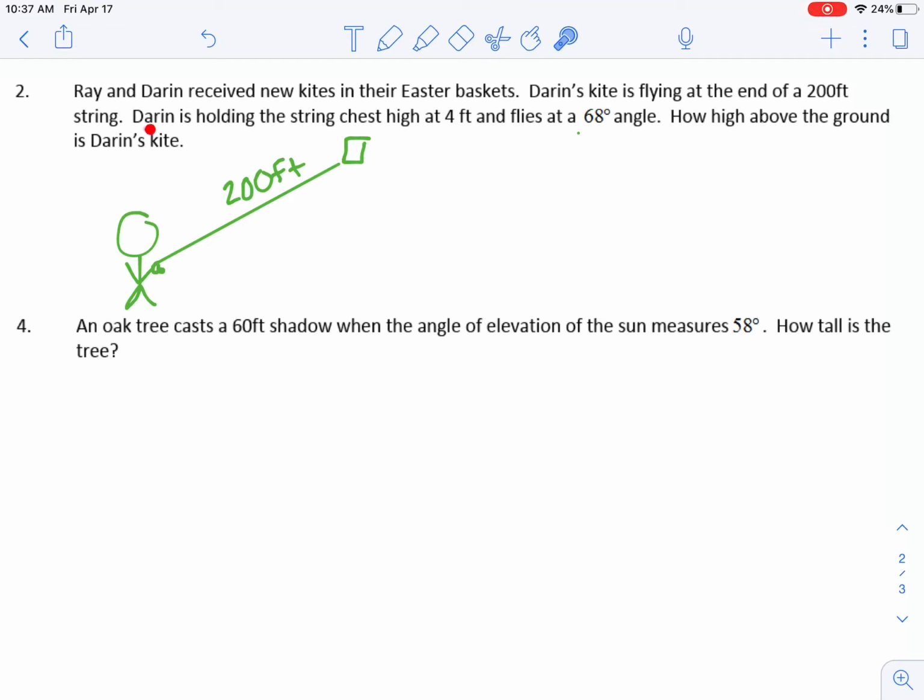Okay? Next it says, Darren is holding the string chest high at 4 feet and flies at a 68-degree angle. So what that's saying is that the distance from Darren's chest, where he's holding the string, to the ground, where his feet are, that is 4 feet.